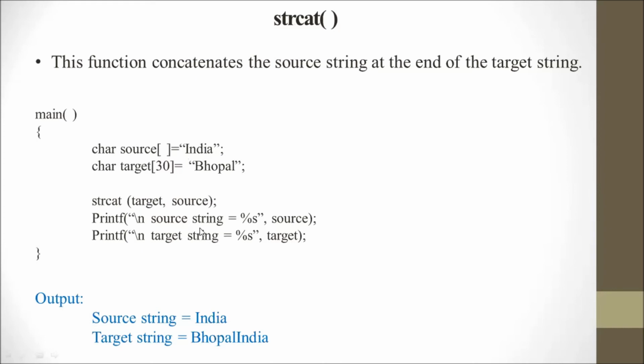We print the source, which prints India, and the target. First it prints Bhopal, and then at the end India will merge or join, so this will print Bhopal India. This joins two strings to each other.